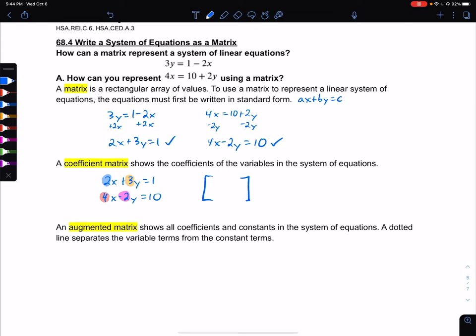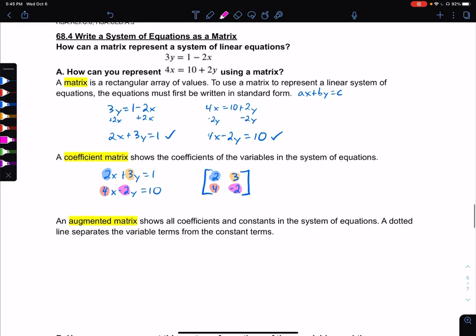My matrix would take those numbers, 2, 3, 4, and negative 2. That's where each of these numbers is coming from, and that's my coefficient matrix. You just take the coefficients and write them as a matrix. It could be a 2 by 2, a 3 by 3, or all different sizes, but here we're dealing with a 2 by 2 matrix because we have two equations and two variables.